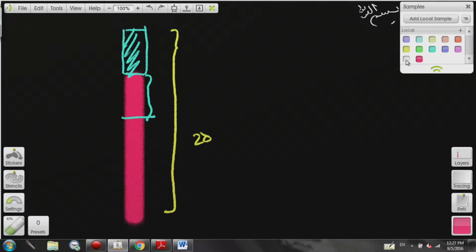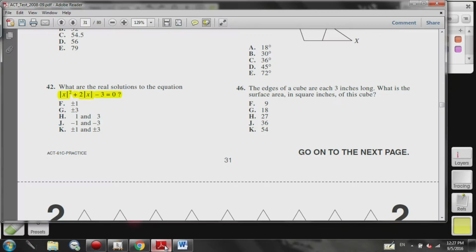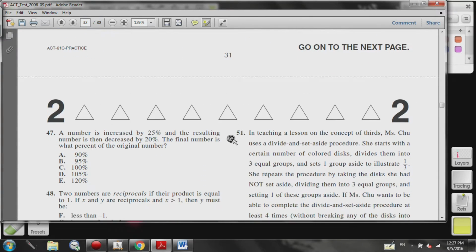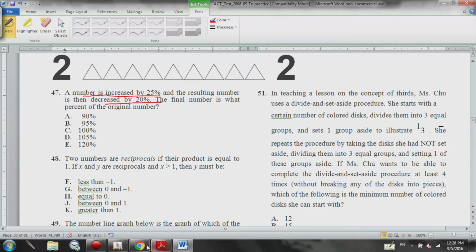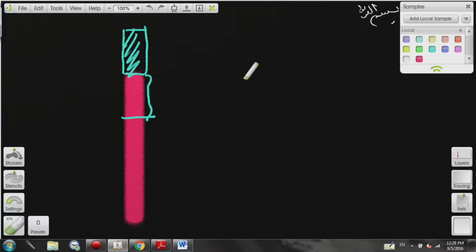So the way I did this is, the original change was 25%. If you went shopping, and something was X dollars, and the price was increased by 25%, how much would you end up paying?